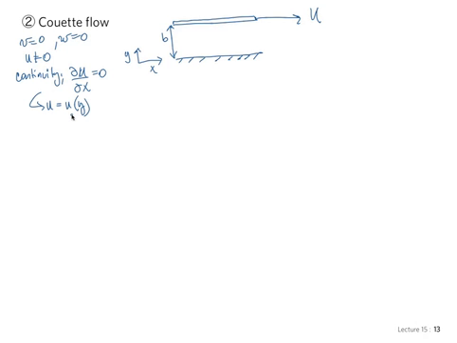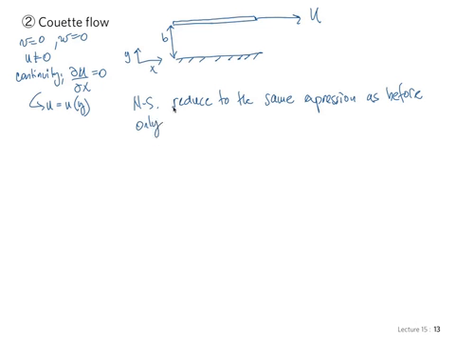With those observations, we see that the Navier-Stokes are exactly the same as we had before. The only thing that changes really is the boundary conditions. And this shows you how important the boundary conditions can be to your solution of a partial differential equation.